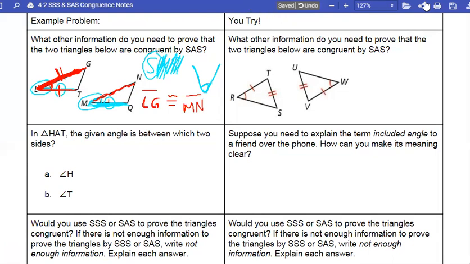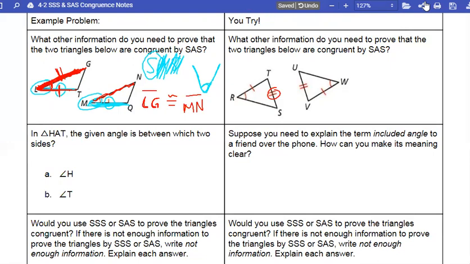All right, this next one, it says, what other information do you need to prove that the two triangles below are congruent by SAS? If you notice, you have a side. Those two have two tick marks. You have an angle. You have another side that has one tick mark. Oh, maybe you don't need anything.